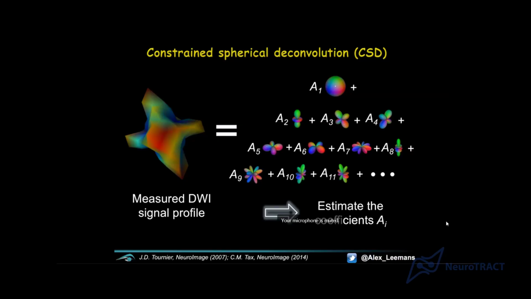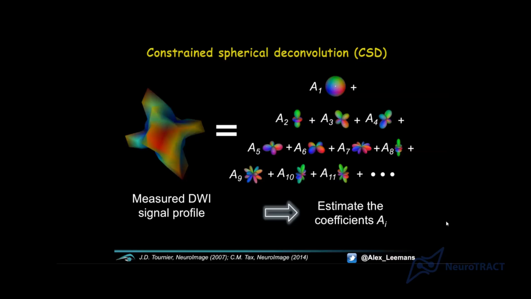In this case, you're doing something similar, but we call it a spherical harmonic basis set of functions. And you can estimate these coefficients quite readily because you can use linear estimators, and you end up with the spherical harmonic coefficients.